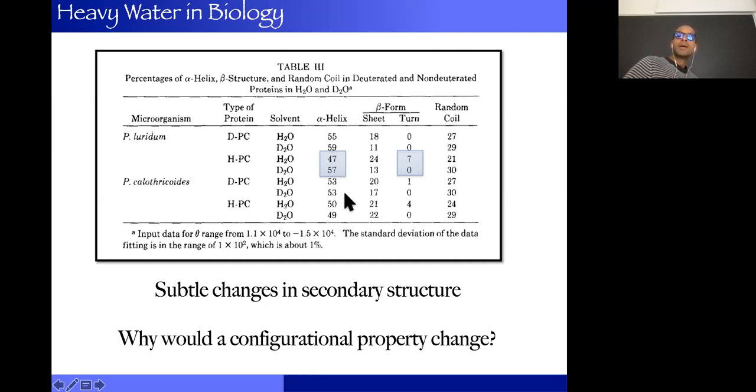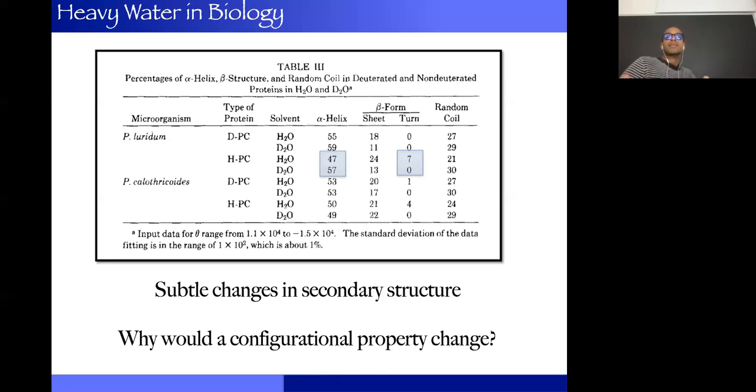And the question is why? Why does a configurational property, so the helix, the sheet, which is related to the distribution of the positions of the carbon atoms, the oxygen atoms, the nitrogen atoms, the hydrogen, change when I go from H2O to D2O?